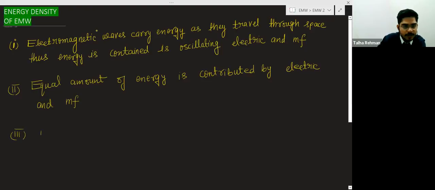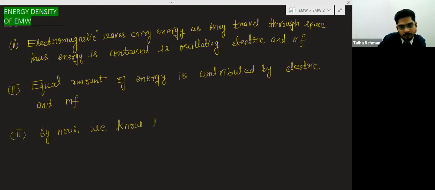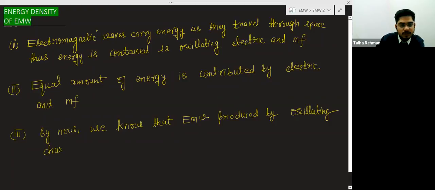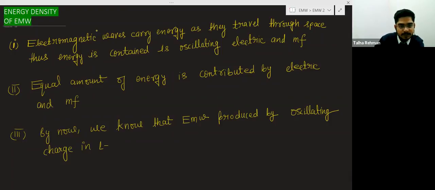Third point, by now we know that electromagnetic wave is produced by oscillating charge, and we get the oscillating charge in an LC oscillator, in an LC circuit.